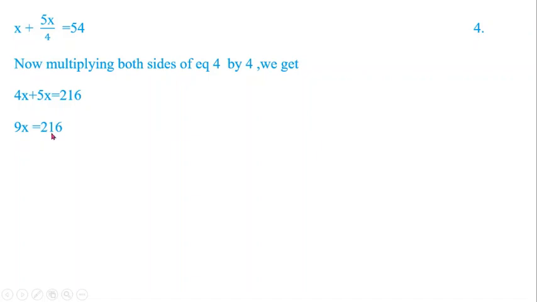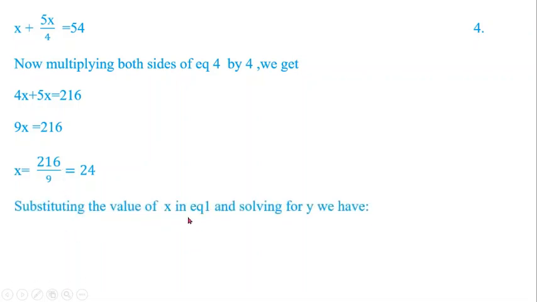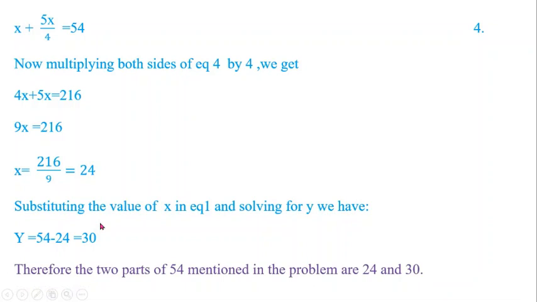So x is equal to 216 divided by 9, which is 24. Substituting the value of x in equation 1 and solving for y, we have y is equal to 30. So the two numbers required in the problem are x equals 24 and y equals 30. Therefore, the two parts of 54 mentioned in the problem are 24 and 30.